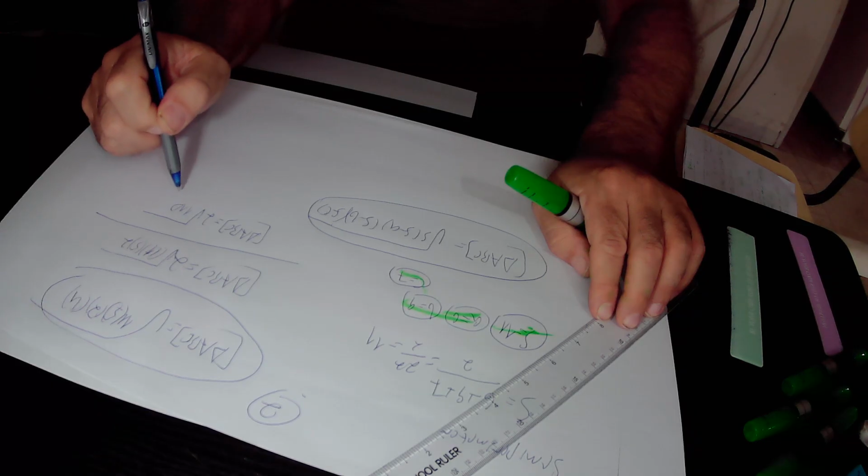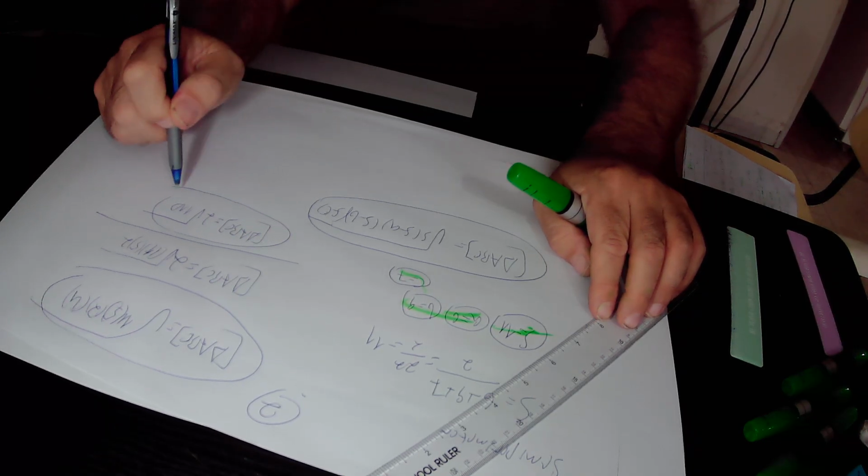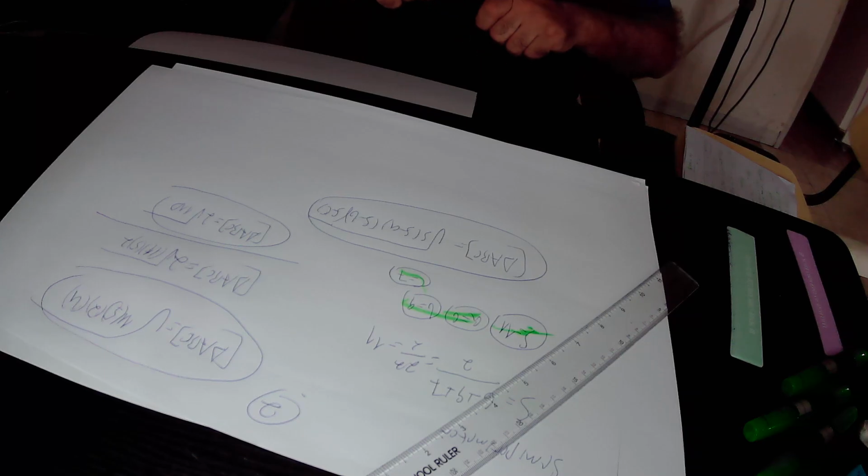So in total, the area of triangle ABC is equal to 2 times the square root of 110 square units.